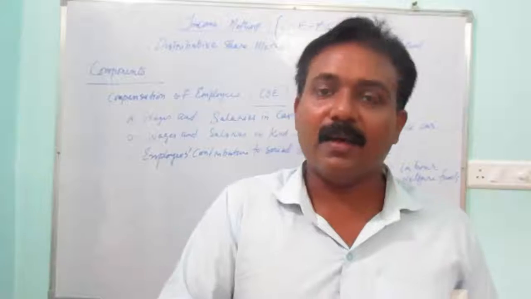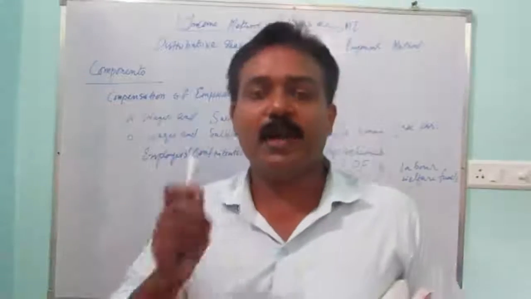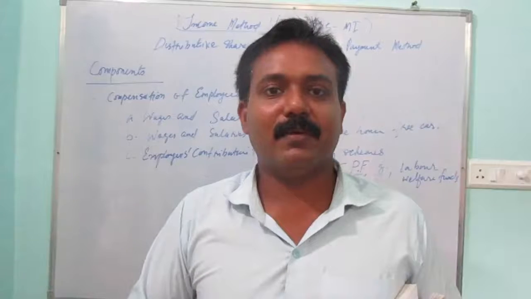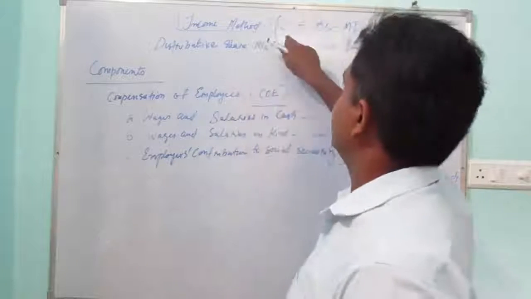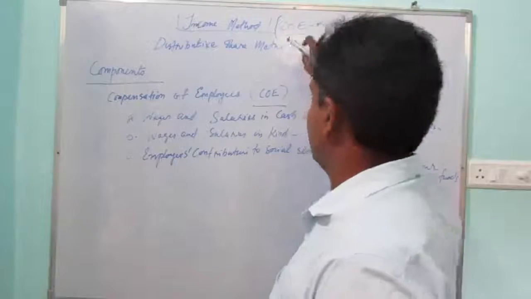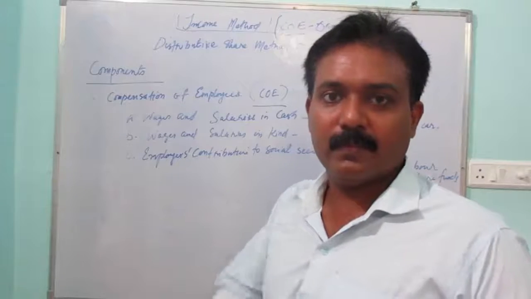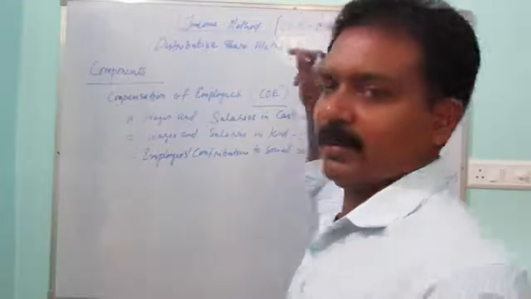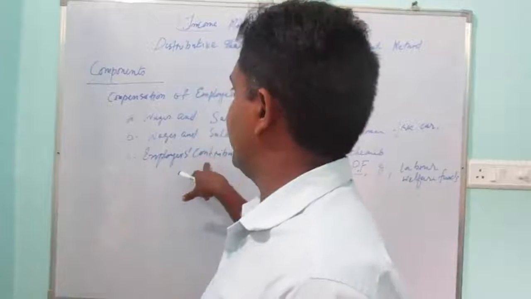These three are the elements of compensation of employees. This you must study properly. Understood? Then only you will be able to find this COE, compensation of employees, one part of the income method. OS and MI are not a very big portion, but this is a bigger portion.